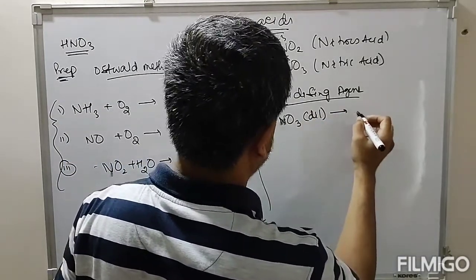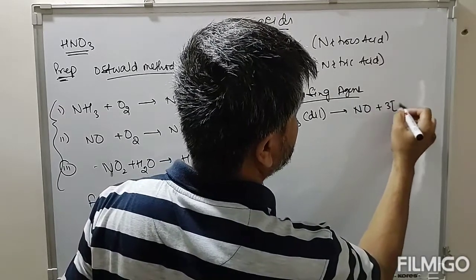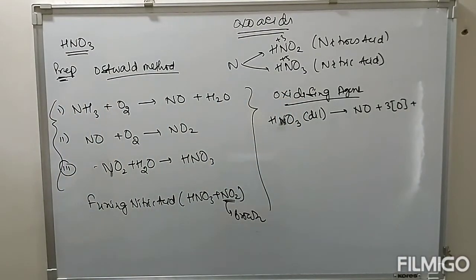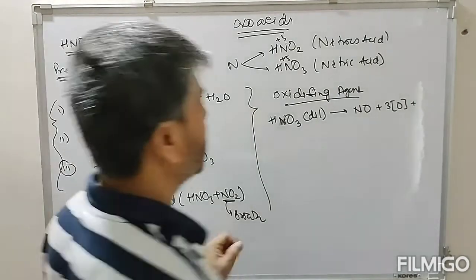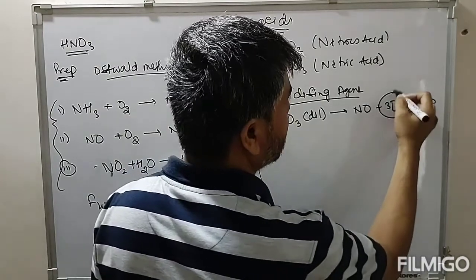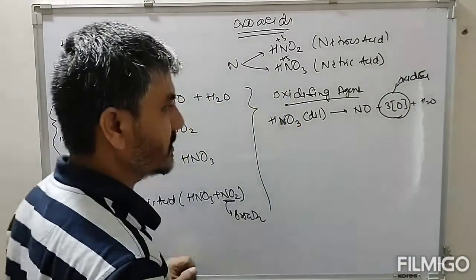This gives you NO plus 3 active oxygen is formed. So due to the formation of these 3 active oxygen, plus we will have this H2O. So this is responsible for the oxidizing property. It's a very good oxidizing agent.